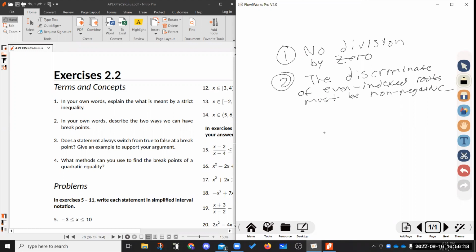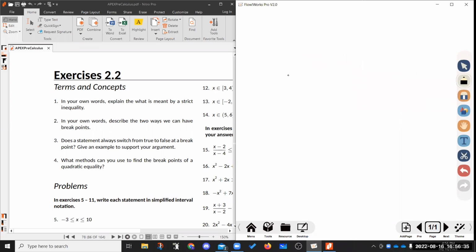We'll talk about that some more in a little bit. So if we have something inside of a square root sign, it can be equal to 0, it can be greater than 0, but it can't be less than 0 because we don't take square roots of negative numbers and get real answers. We talked about that with our section on factoring and solving.